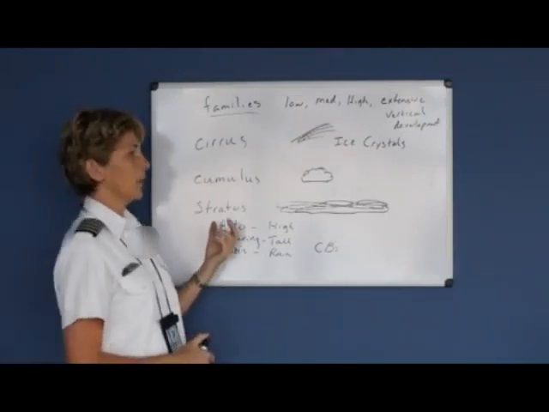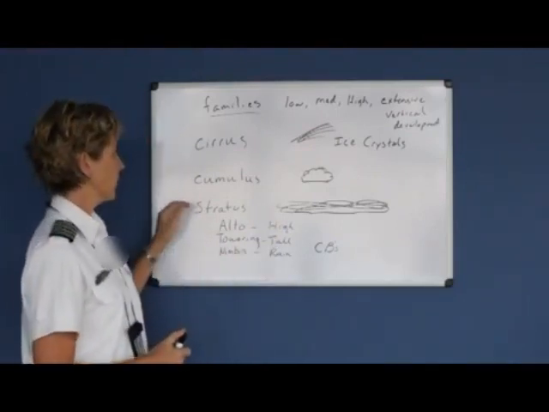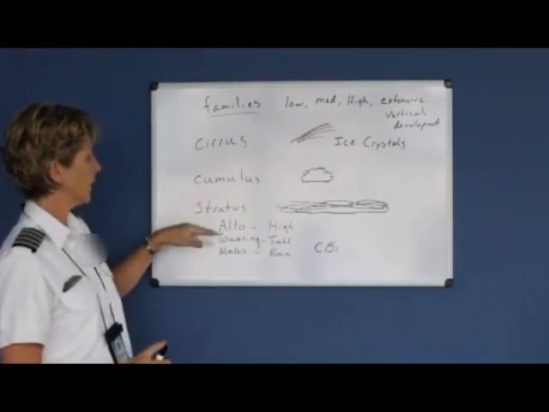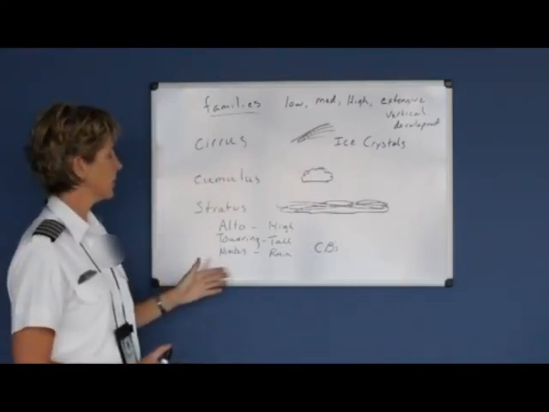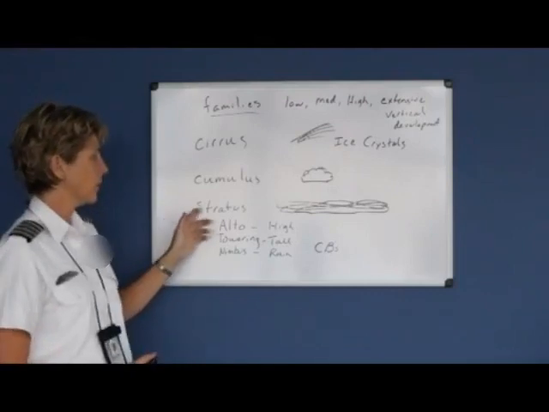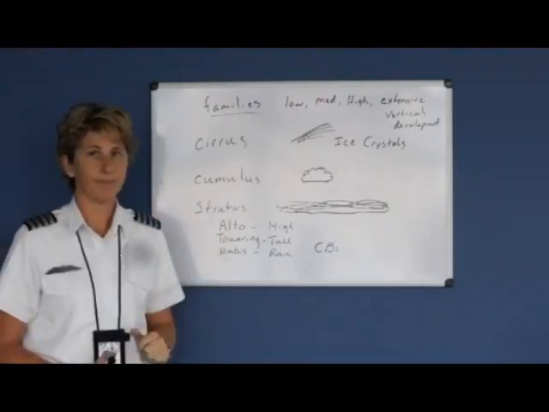Remember that the thunderstorm mature stage definition is when the rain comes out of it. So we could have an alto cumulus cloud, a towering cumulus cloud, or a cumulonimbus cloud. If you had a nimbostratus cloud, that just means that your stratus cloud is producing rain.